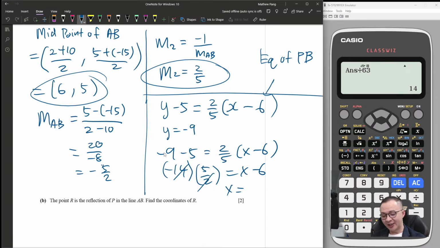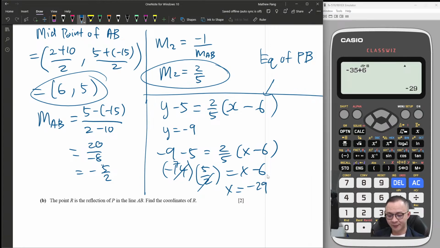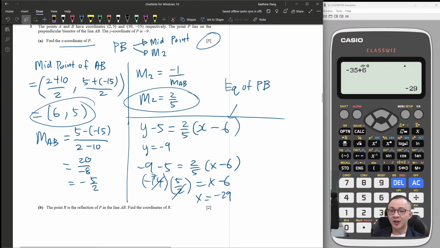So this one and this one I cut is 7. -35, -35 plus 6, right? -29. Okay, I hope I don't make any carry mistake. Sometimes I tend to make carry mistake. Yeah, I think I made carry mistake here also.